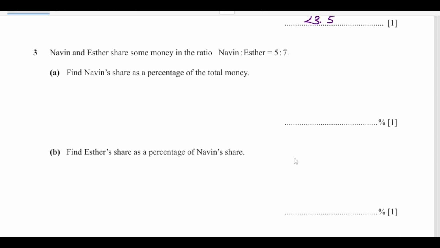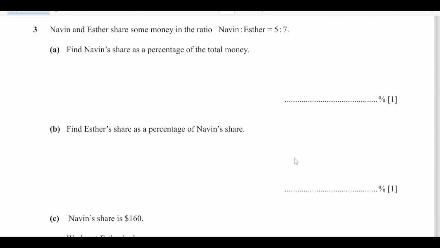Then number 3: Naveen and Esther share some money in the ratio Naveen to Esther is 5 to 7. Find Naveen's share as a percentage. This is Naveen's share as a percentage of the total money. The total is going to be 5 plus 7, which is 12.